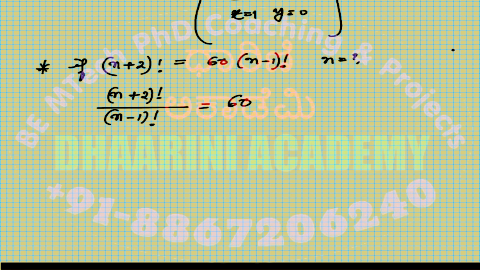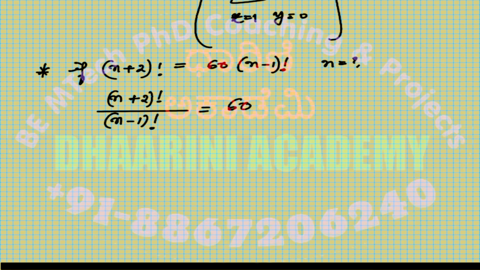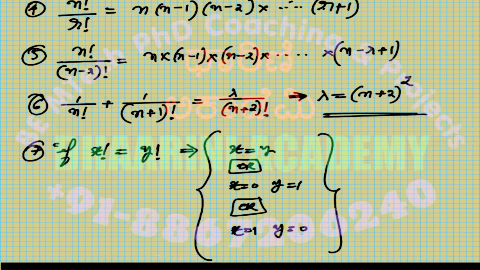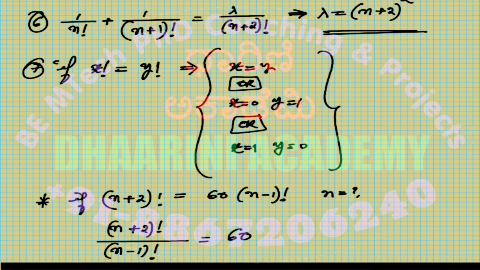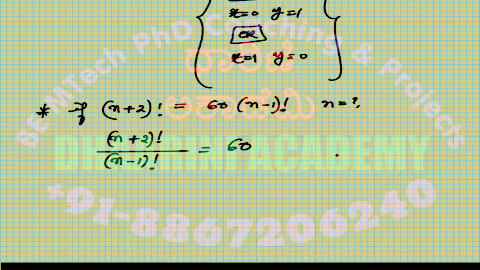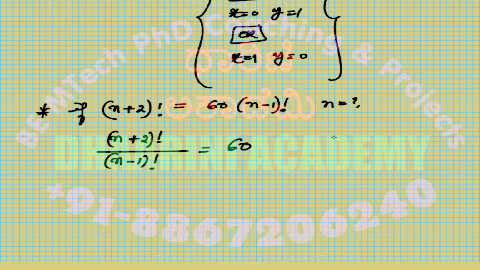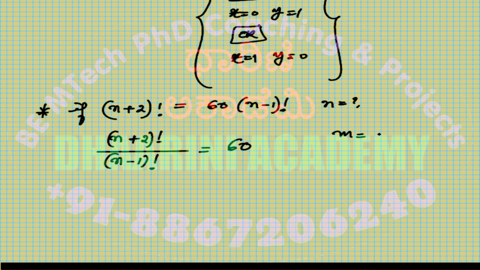Now either you use the property that n factorial divided by r factorial is n into n minus 1, n minus 2, up to r plus 1. What I have to write now, instead of n I have n plus 2. I can write the numerator as m, so m is equal to n plus 2, and r is equal to n minus 1.